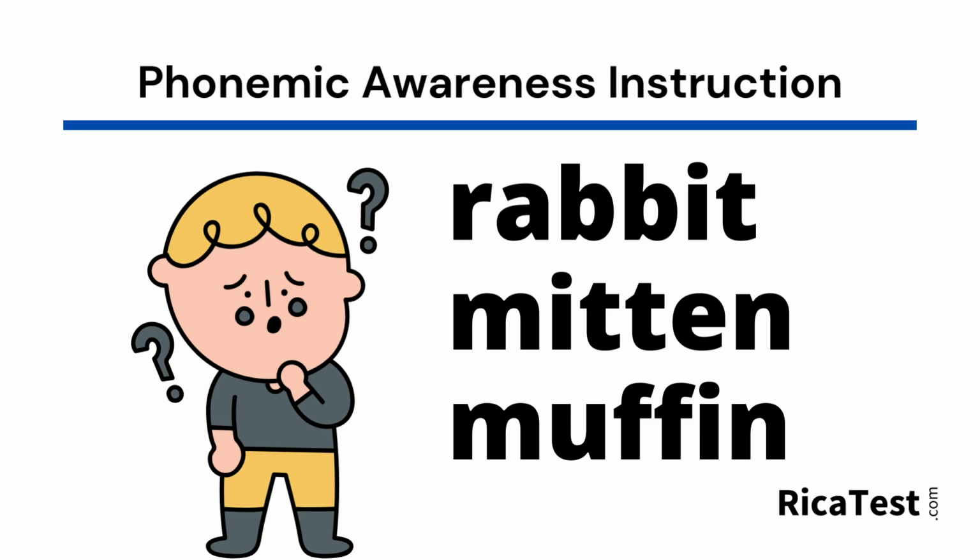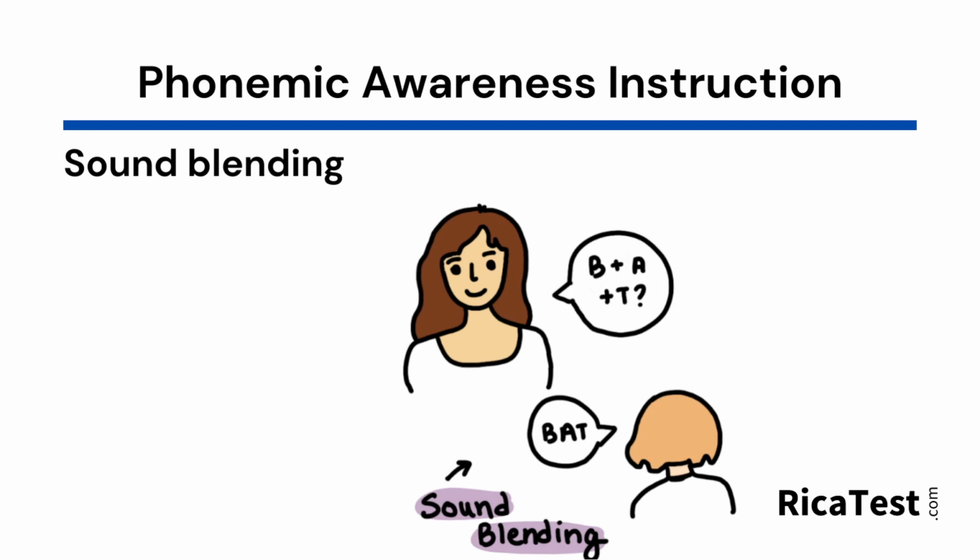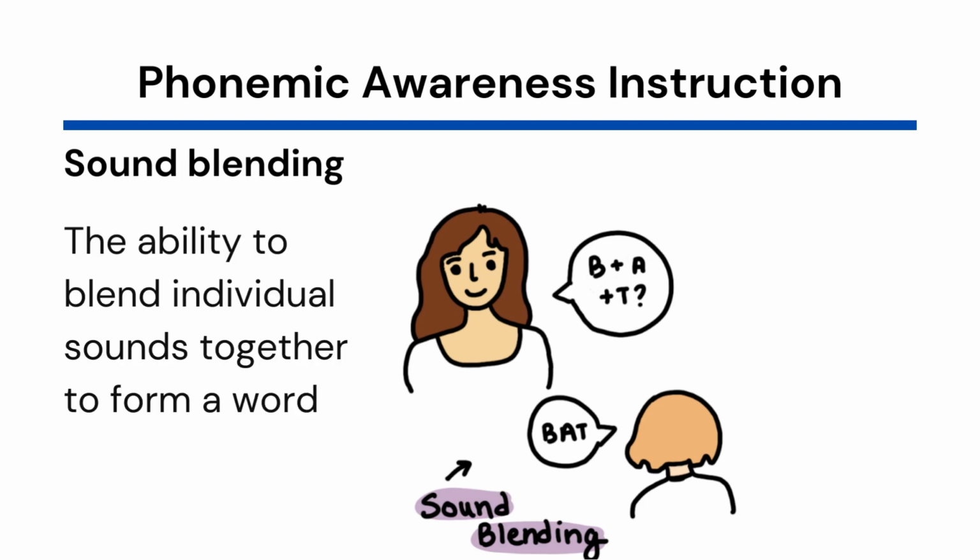In this example, this student is having a difficult time reading multisyllabic words. For example, rabbit, mitten, and muffin. For this reading need, the teacher will build the student's sound blending skills, which is the ability to blend individual sounds together to form a word.